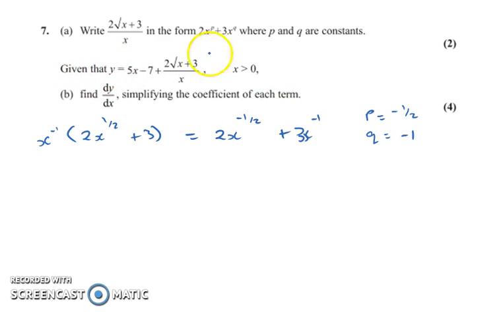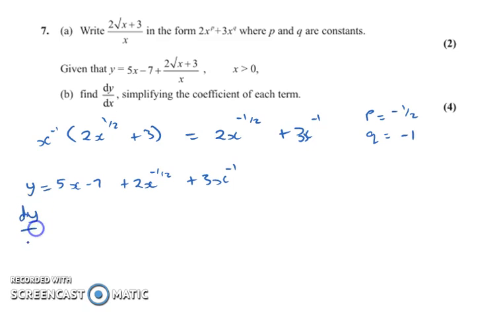Given that y equals all of this, differentiate. So we've got y equals 5x minus 7, add all of this, so add 2x to the minus a half, add 3x to the minus 1. Now we can differentiate it. It does say simplifying the coefficient of each term.